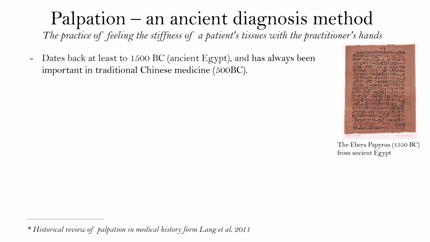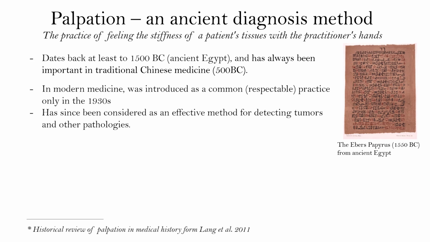It's really well known and acknowledged that different diseases present by changing the stiffness and rate-dependent properties of tissue. Quite interestingly, and to me very surprisingly, in modern medicine we only started to do this in the 1930s. Before that, it wasn't considered respectable to go and feel out someone's tissue.